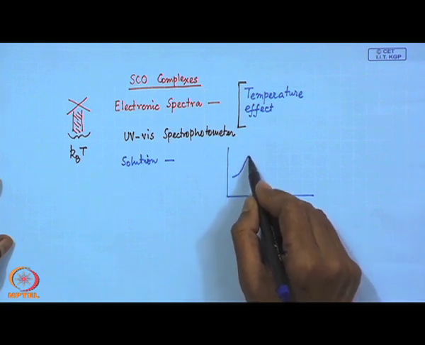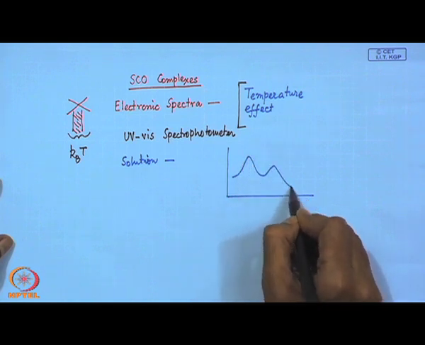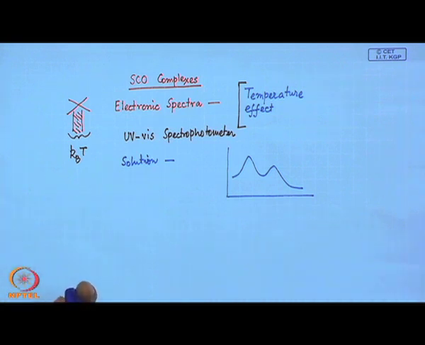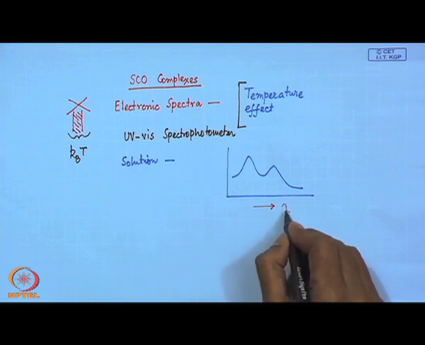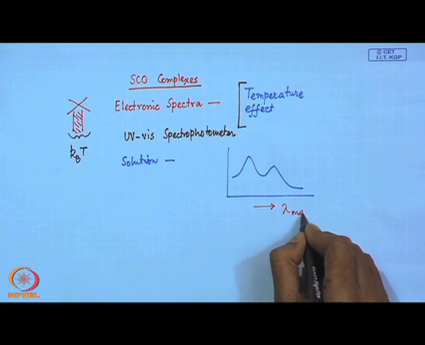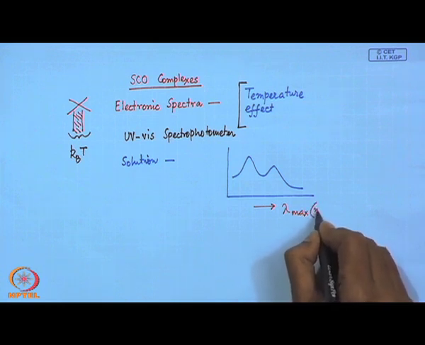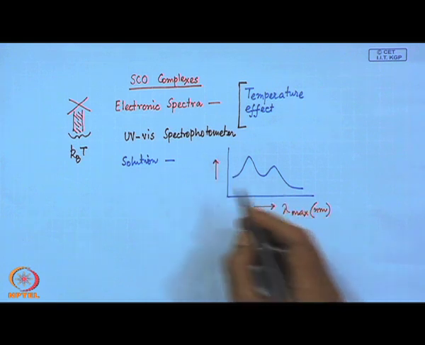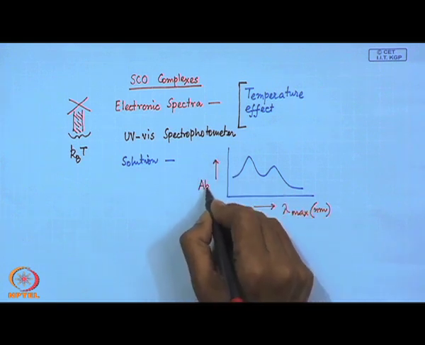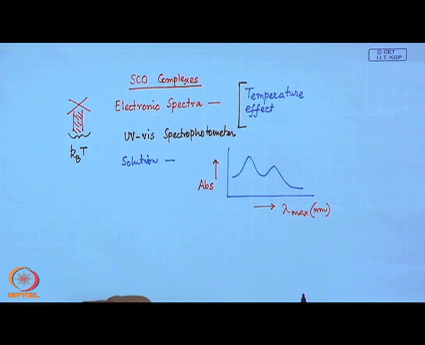Whatever we are observing, some bands we plot against the corresponding lambda max values, which are recorded in nanometers, and on the other axis we record the absorbance.